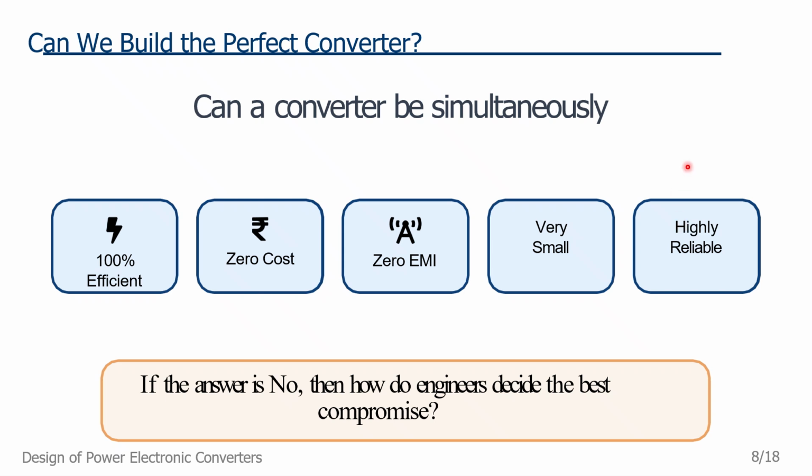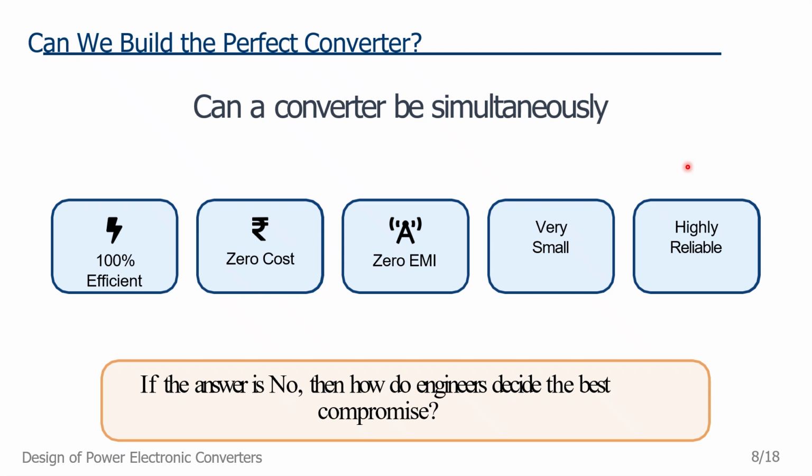We need to compromise one thing or another when we design a system. For example, when you increase the switching frequency, your component size will decrease, but switching losses will increase and electromagnetic interference will increase. If you improve the thermal management system, it increases the reliability, but again cost and size will increase.